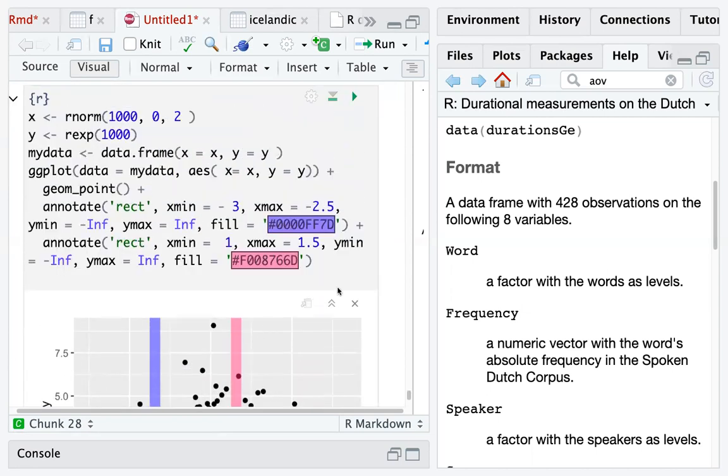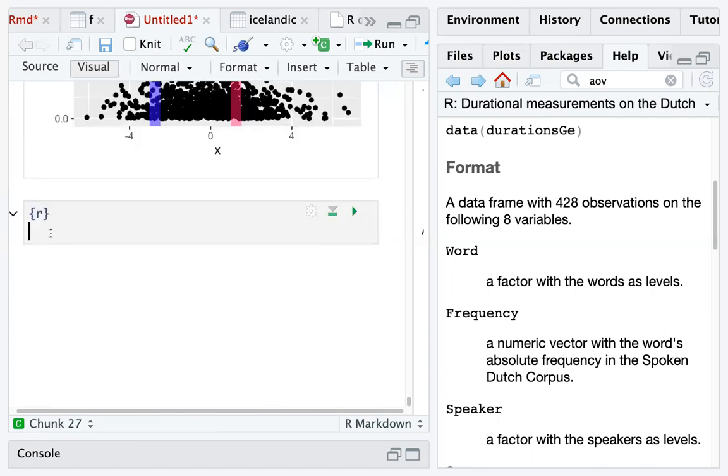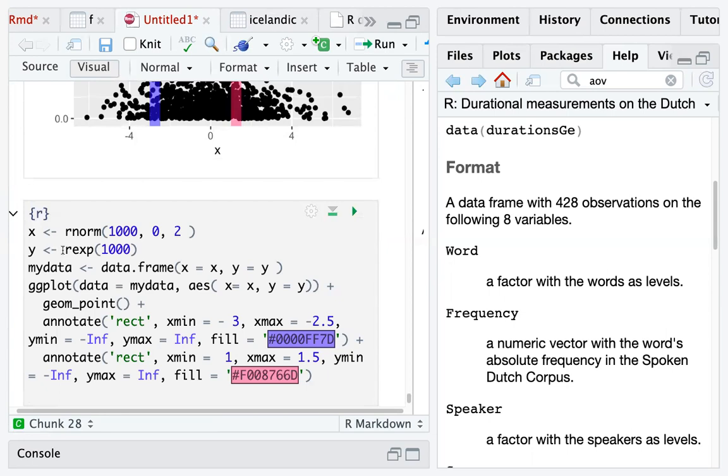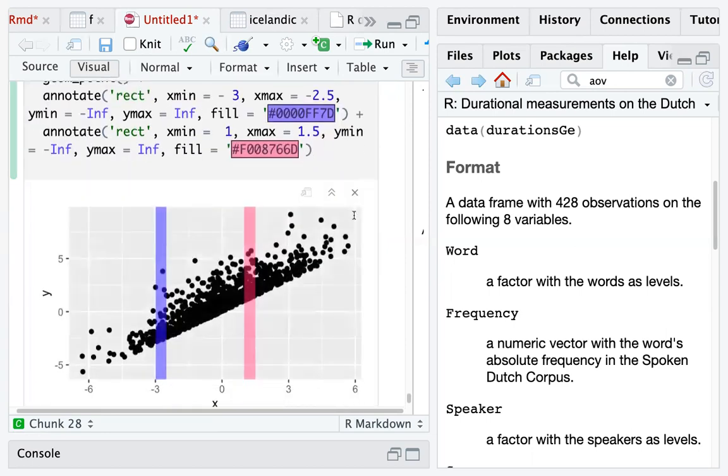Let me copy and paste it. But now we take correlated data by taking y equal to x plus this exponential. So now the data will be different. Okay, these are really correlated.